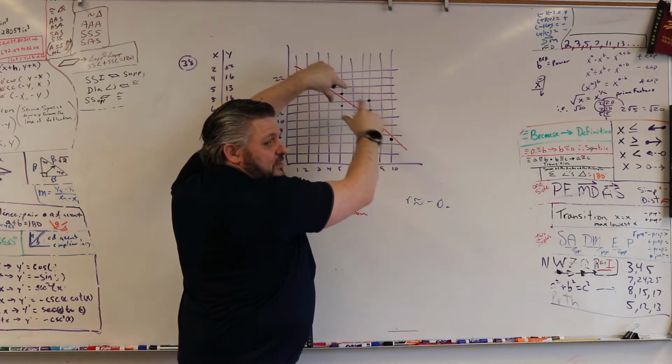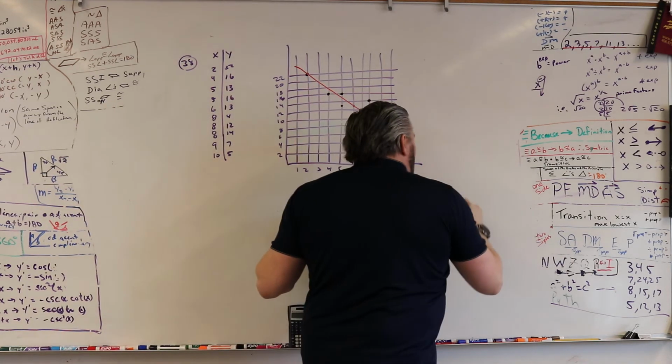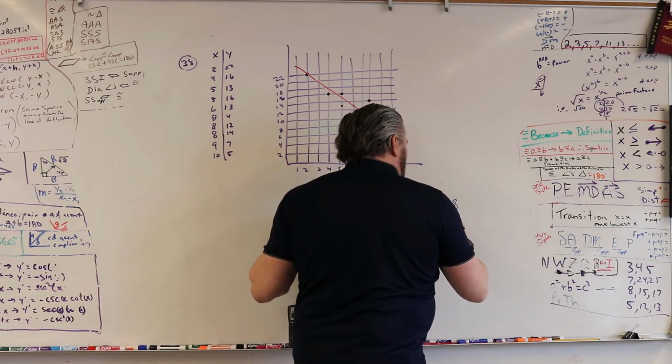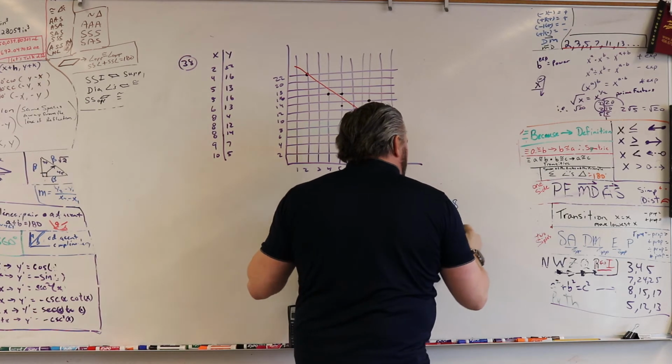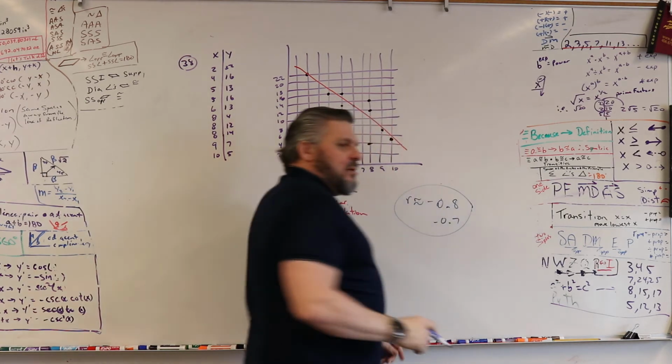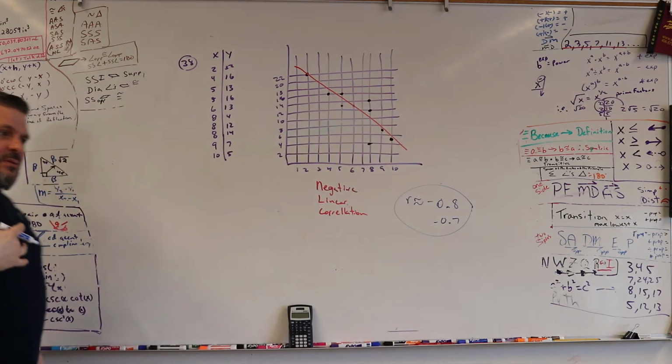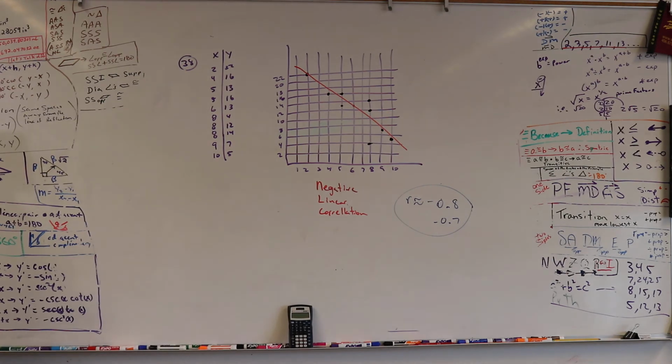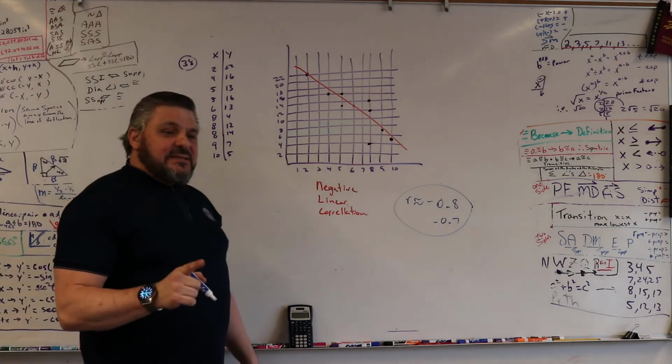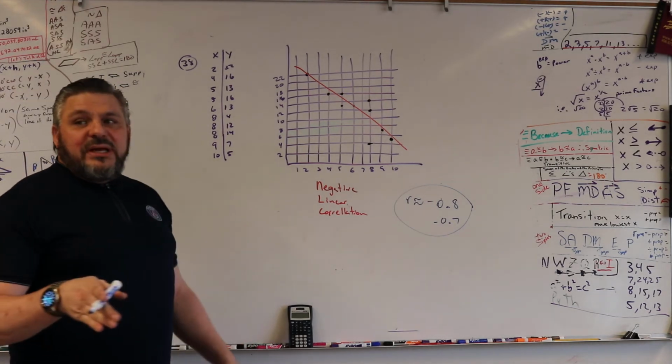Thicker. So in this case, a 0.8 or a negative 0.7, somewhere around here is what I would accept as a good R value. Remember, anything less than a 0.6 means that there's no correlation.